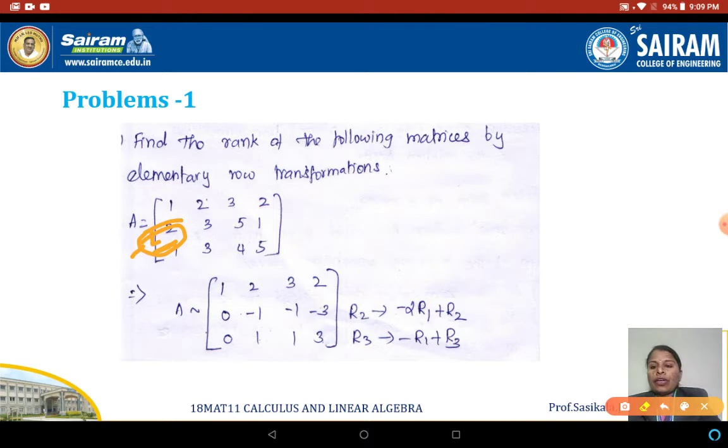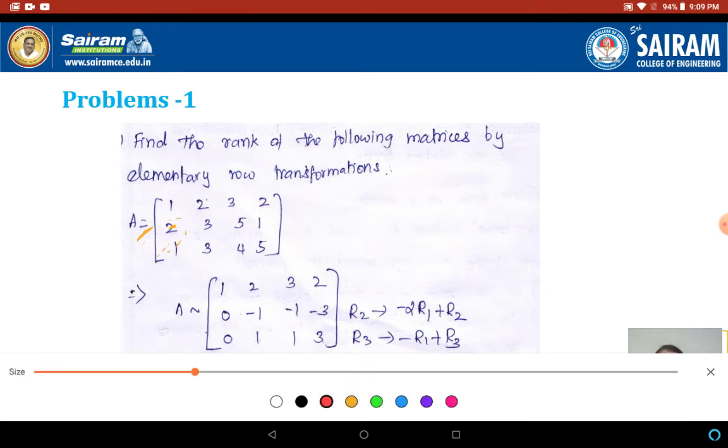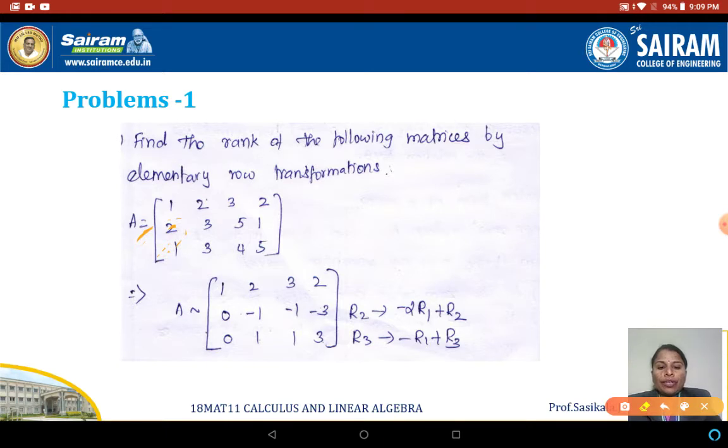So to make this position of 2 zero, I need a -2. That's why I have written a complete row operation. The first row I'm going to multiply with -2, and then add it to R2 to get the new R2.